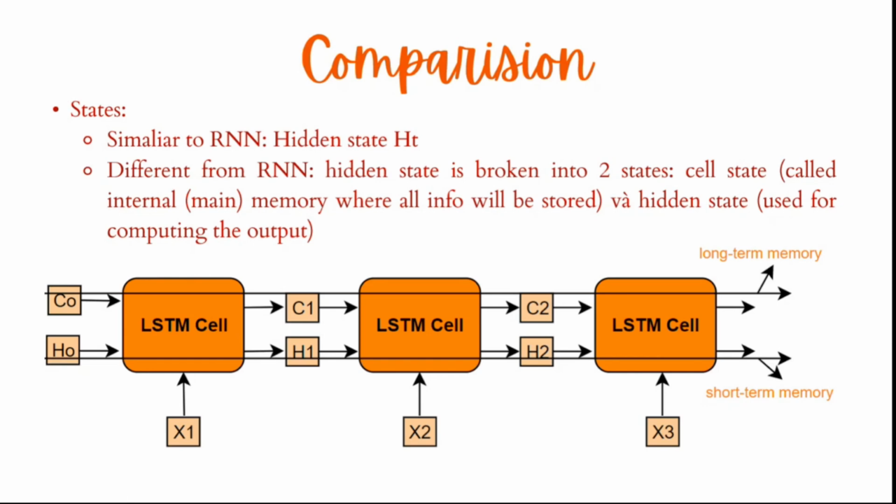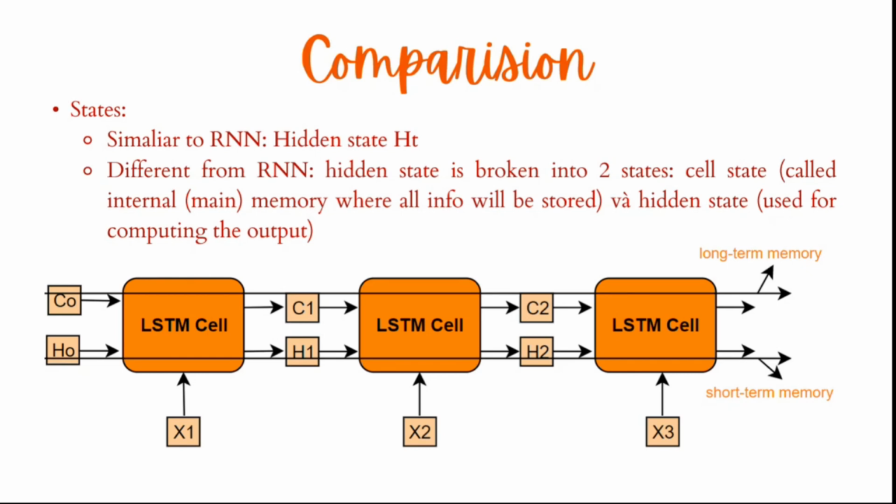The hidden state is derived from the cell state and is used for computing the output of the LSTM model. It captures the relevant information needed for making predictions or further processing in the model.